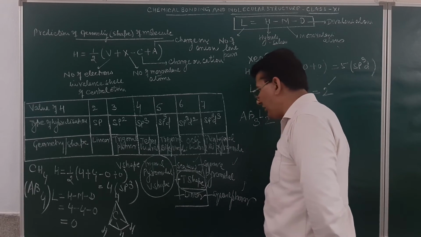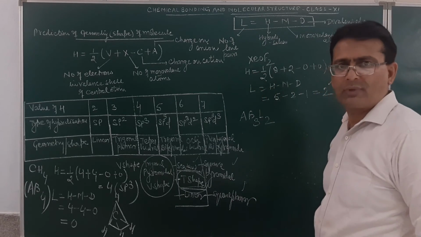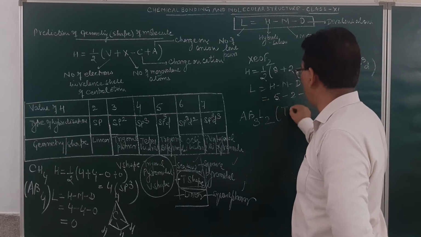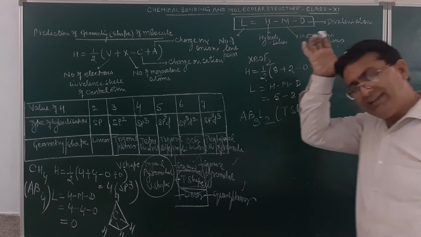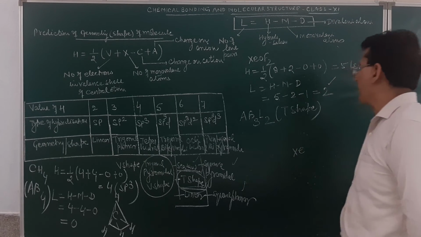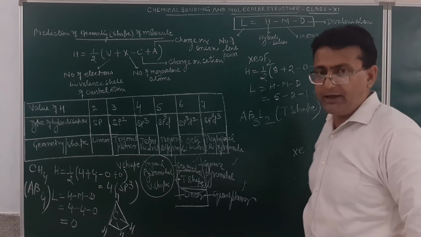Here again, in AB3L2, what will be the shape of the molecule? T shape. It has 3 bond pairs and 2 lone pairs. So the shape of the molecule will be a T shape. Yes? So how do we make the shape? This will be xenon. We have xenon oxyfluoride.